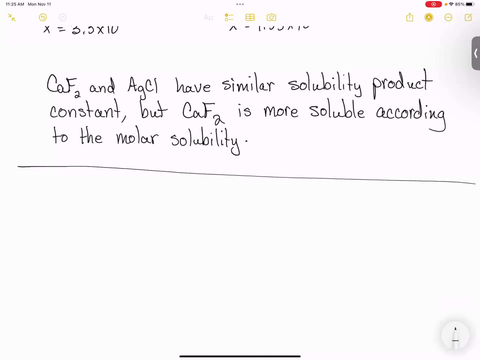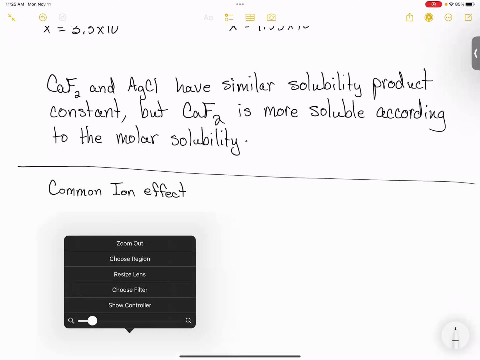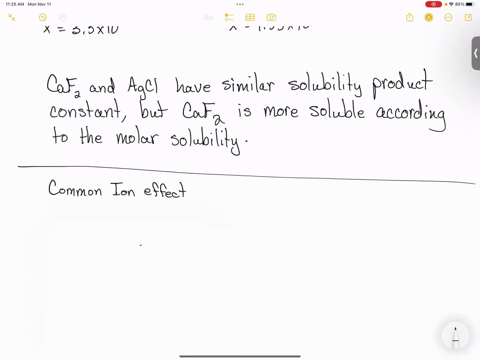So the next thing that I want to discuss is going to be the common ion effect. How many people had a chance to look at the group, the laboratory class data that I passed out on Wednesday of last week?